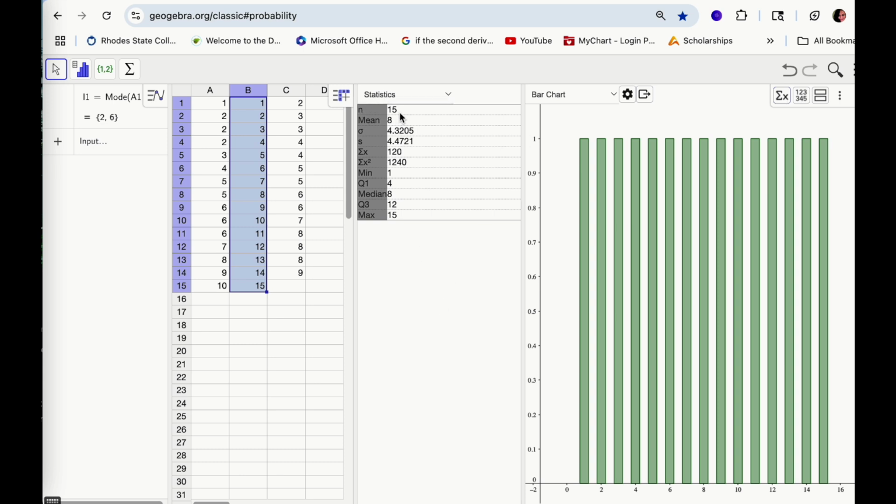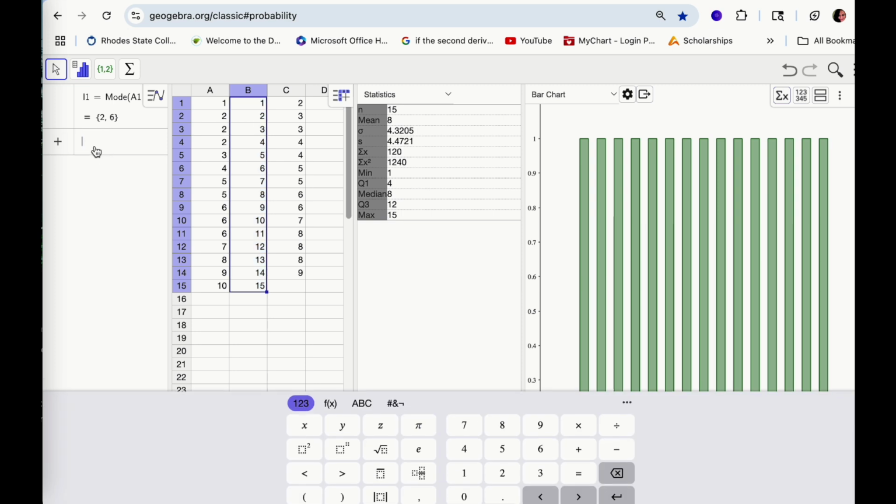This tells me I have 15 values. This tells me that my mean is 8 and my median is 8. Oh, by the way, while I have this pulled up, see the sigma x, that's all your values added up. So that's a way you can check to make sure you added your data values correctly as well. So our mean and our median are correct from what we did by hand.